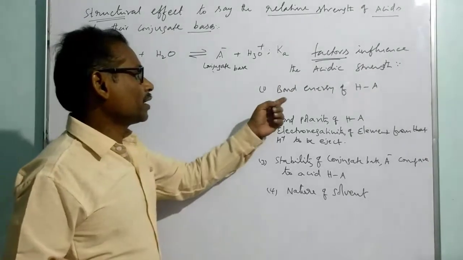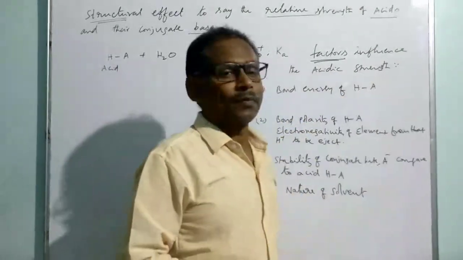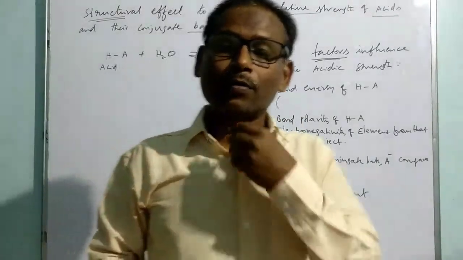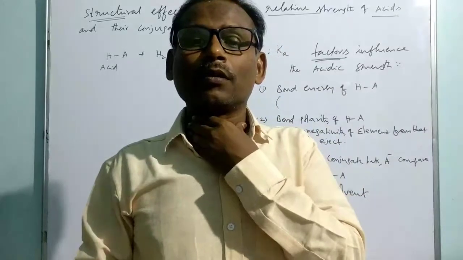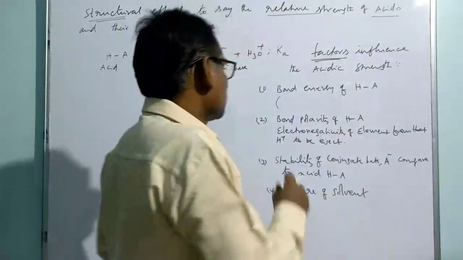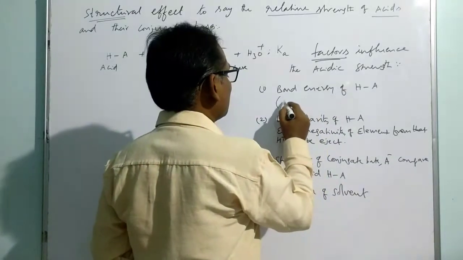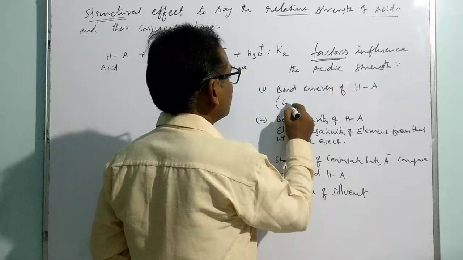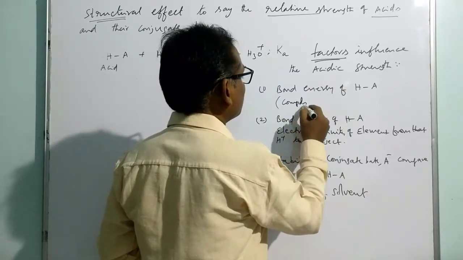Okay, now let me take examples with reference to bond energy of HA. This is the trend normally noticed in the compounds resulting from the elements of a particular group.